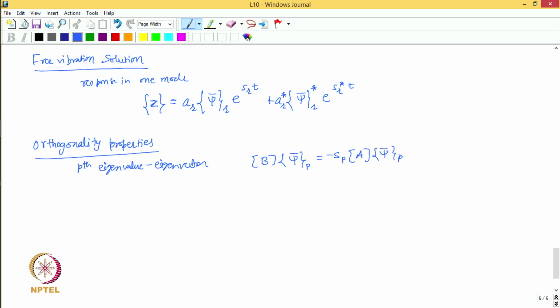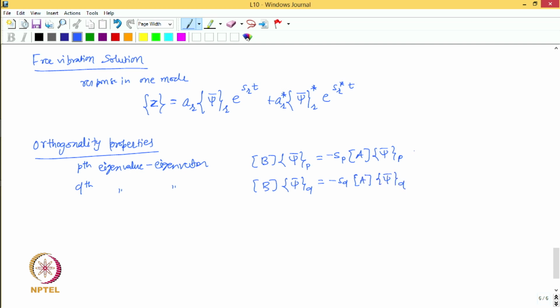So, that is the statement of the eigenvalue problem in terms of the pth eigenvalue eigenvector pair. Similarly, for the qth eigenvalue eigenvector, we can write B psi bar q equal to minus S_q A psi bar q.